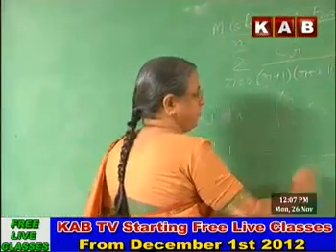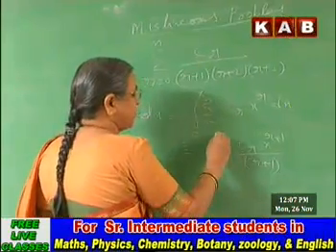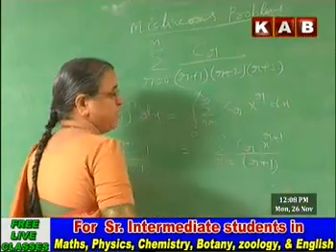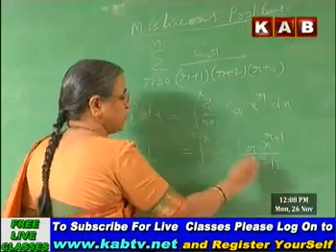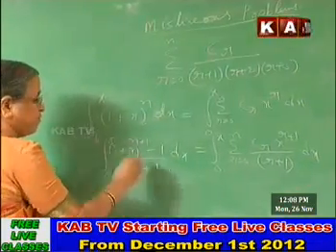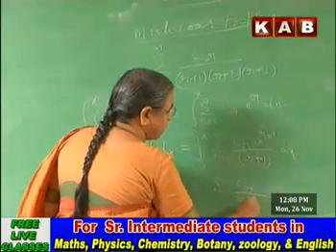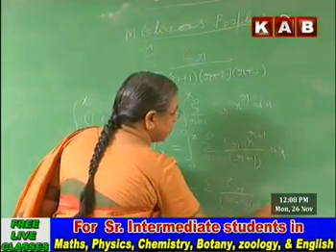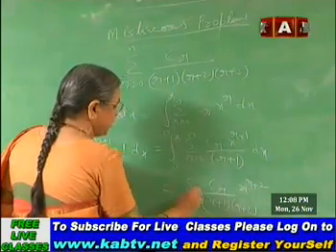r plus 1 we have, r plus 2 I have to get. If I integrate this, I am going to get r plus 1 by r plus 2. So again integrate from 0 to x only. Here this is sigma nCr by r plus 1 into r plus 2, x power r plus 2, r equal to 0 to n.